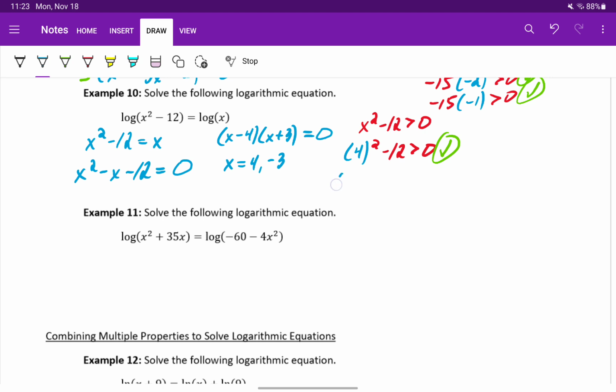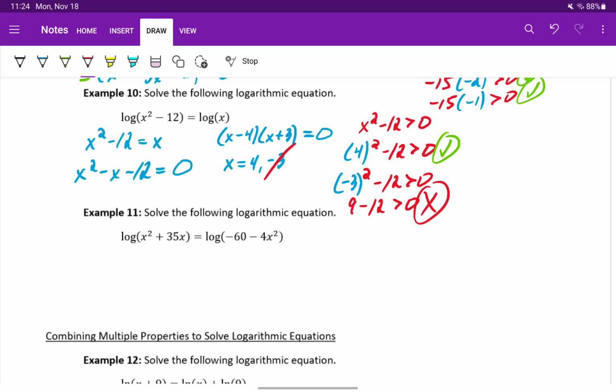And then we'll need to take negative 3 squared minus 12 to see if that's greater than 0. But in this case, we'll get positive 9 minus 12, which will actually end up being less than 0. So since that result is not greater than 0, that solution is outside the domain.